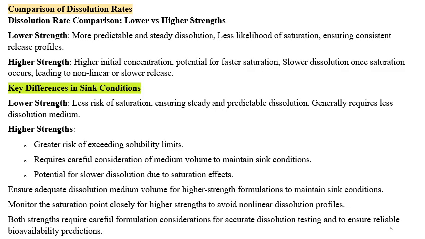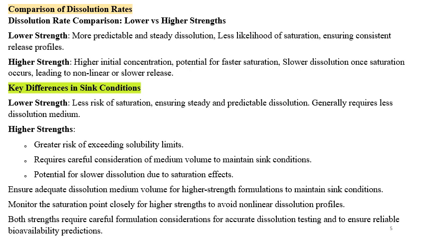Comparison of the dissolution rates between higher and lower strength. Lower strength will have more predictable and steady dissolution with less likelihood of saturation, ensuring consistent release profiles. But this may not happen with the higher strength formulations. Higher strength will show initially higher concentration and have potential for faster saturation.